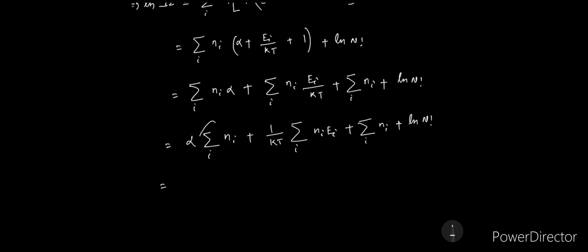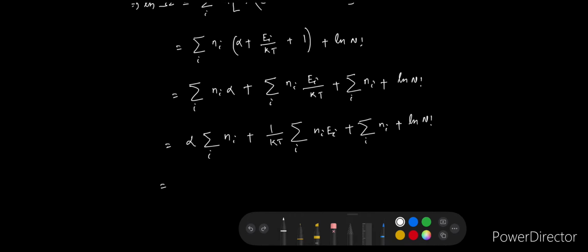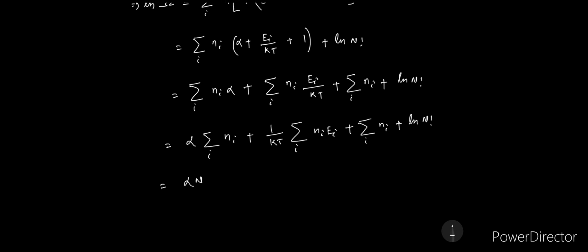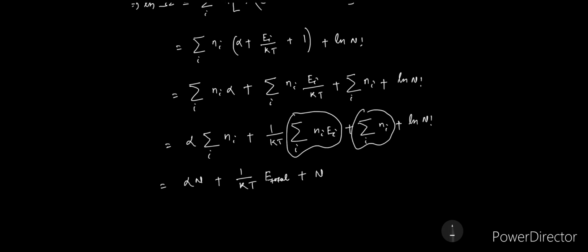Now this term, summation of n_i, means the total number of particles in the system. So here alpha N, because the total number of particles is capital N, plus 1 by kT, and as we have frequently discussed, summation of n_i e_i represents the total energy of the system, that is E total. And then this term also represents the total number of particles, that is capital N, plus ln n factorial.